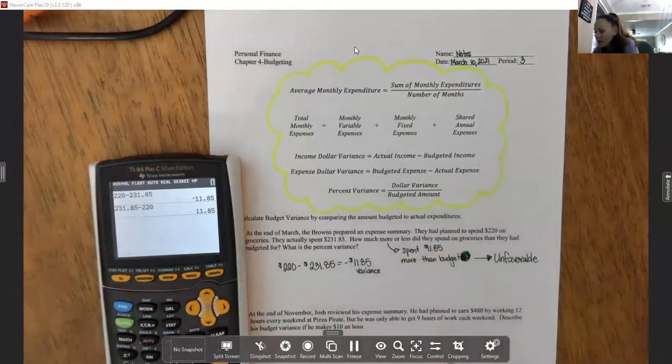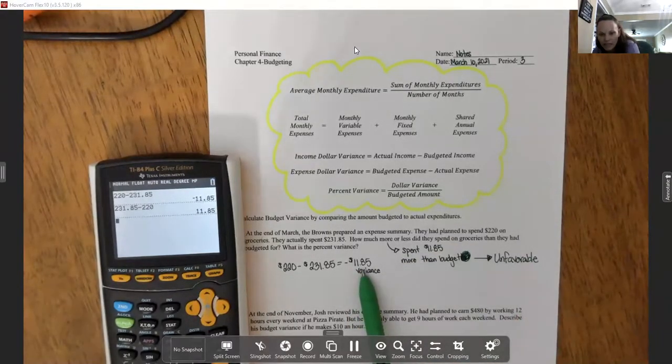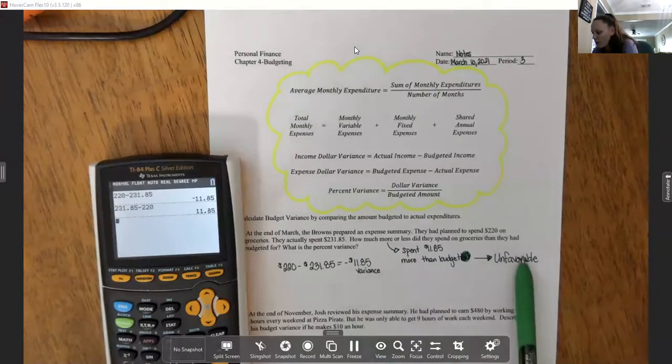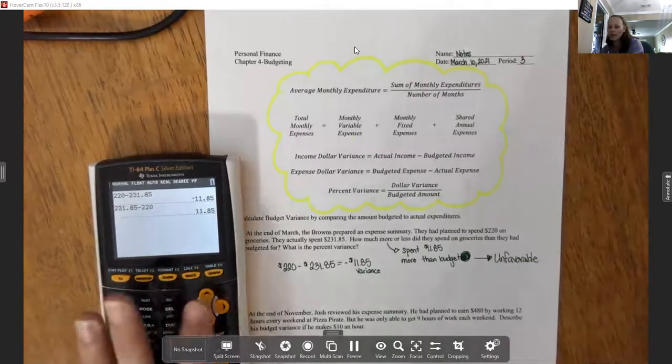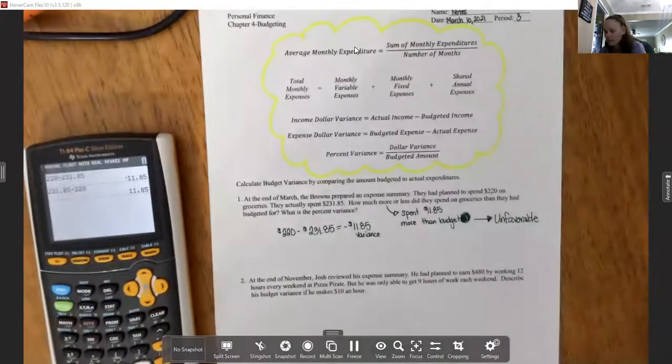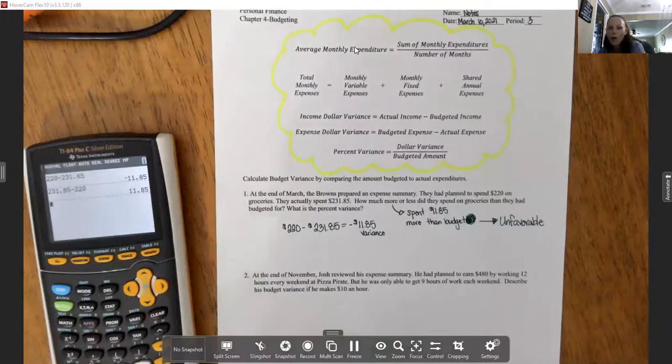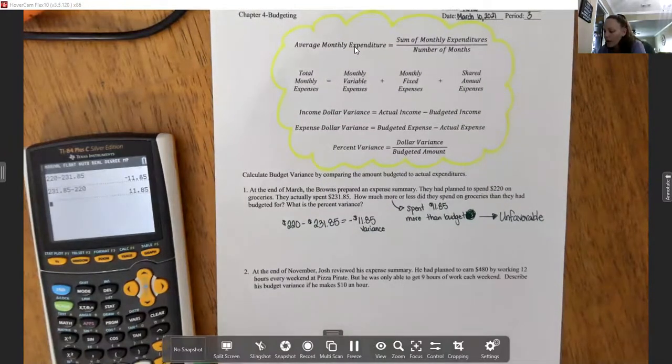You could say the variance is unfavorable by $11.85. Again, unfavorable means it works against you and it's negative. You could put it in context: spent $11.85 more than planned. Those all mean the same thing. If it's multiple choice, it would be very clear which one you should go for.